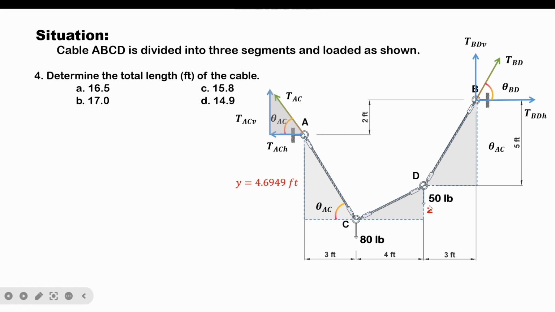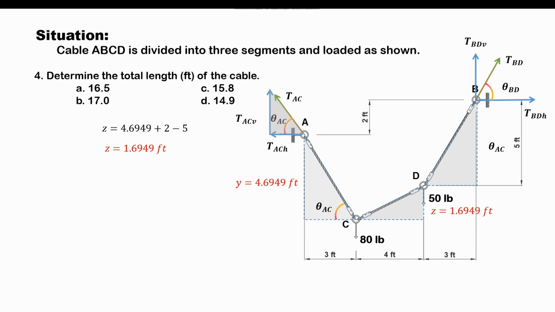In here, the value of Z can be computed by adding this side of this triangle and this given dimension here and subtracting this dimension, and that's basically the value of Z. Again, if we add this side of this triangle plus 2 feet and subtract 5, we will yield the value of Z, which is equal to 1.6949.